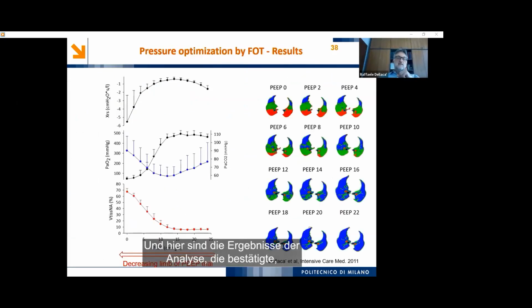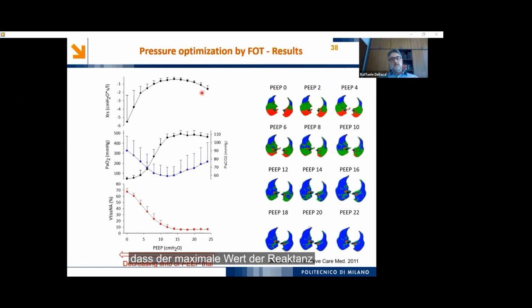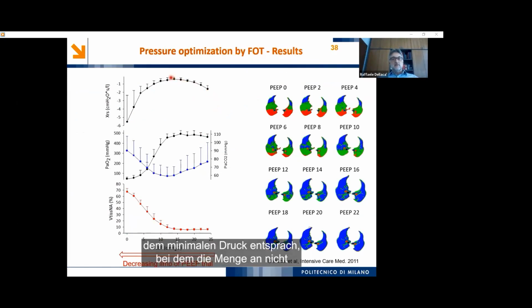And here are the results of the analysis that confirmed that the maximum value of the reactance during the decreasing limb of the PEEP trial was associated to the minimum pressure that was able to minimize the amount of non-aerated tissue, which is represented by this red line.